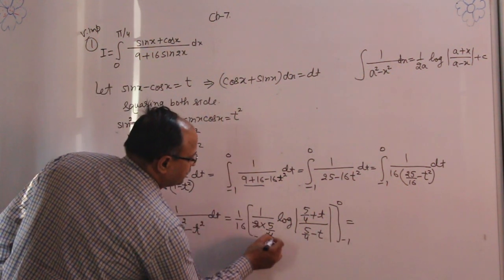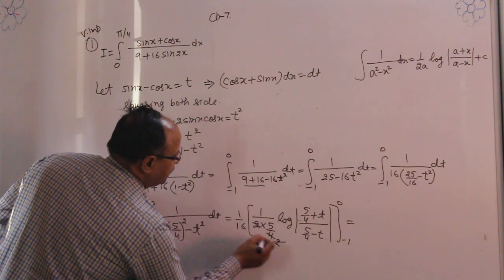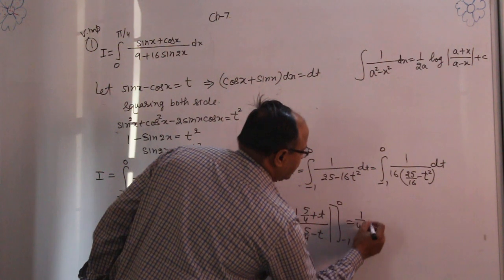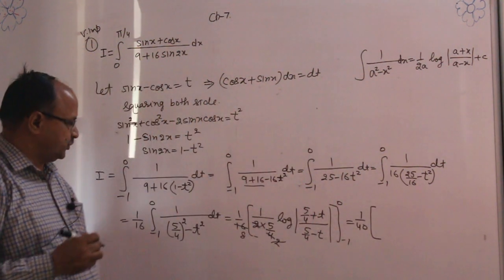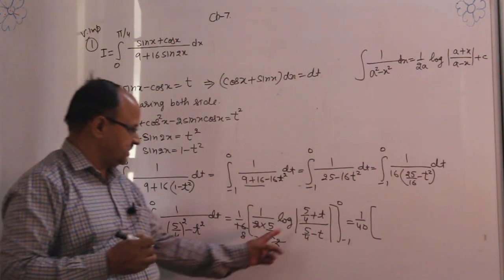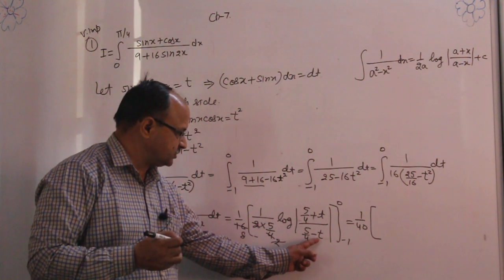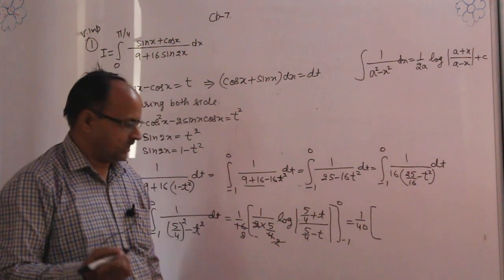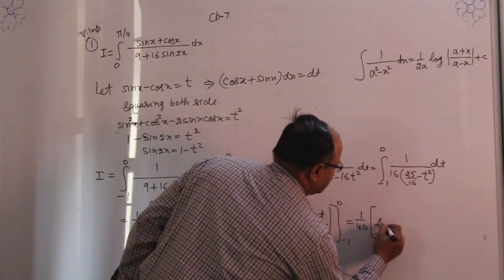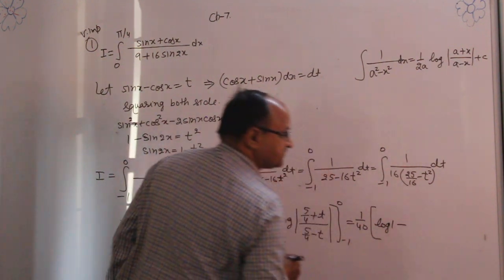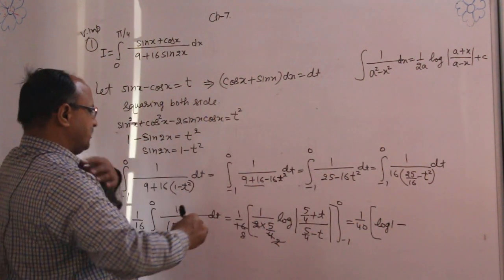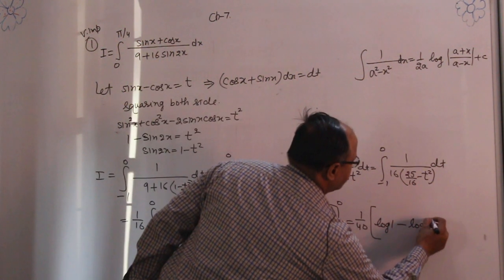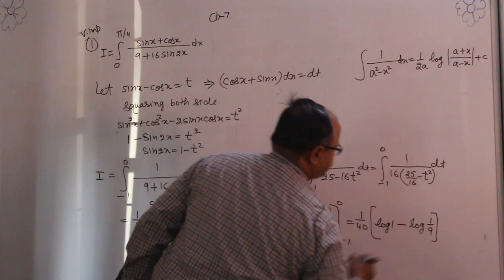Now 2 fours are 8, and 5 eights are 40. So 1 upon 40. When you put upper limit minus lower limit, when you put 0 here, 5 by 4 upon 5 by 4 is 1, and you know that log 1 is 0, minus. Now put minus 1. When you put minus 1, then log 1 by 9.